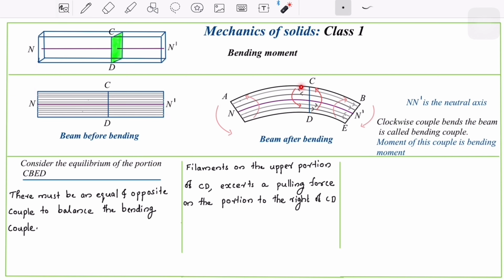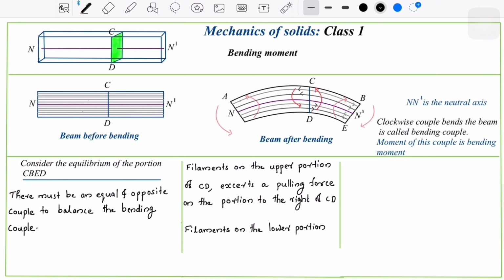We are speaking about the restoring couple at the cross section CD. The direction of the torque is anti-clockwise, and that is only possible if the filaments on the upper portion of CD exert a pulling force on the right of CD, as shown by the arrow on the top portion.